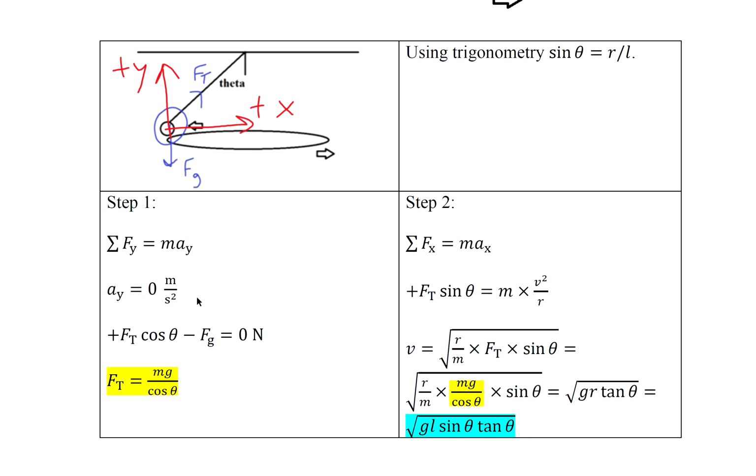Using trigonometry, sine of theta is equal to r over L. We can substitute this for r, and then we know that v equals the square root of g L sine theta tangent theta.